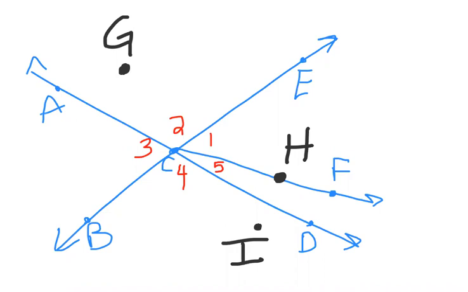True. It is true. Oh, you know what? Let me give you one more trick question. Tom, this last one's yours. True or false? Point J is on the interior of angle 1.